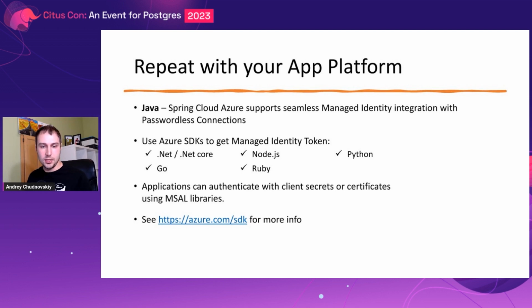In different other SDKs, which we have for .NET, Node.js, Python, and others, there is an easy way to get a managed identity token. And for an even more extended list of technologies and languages, there are MSAL libraries which allow you to get the application tokens.